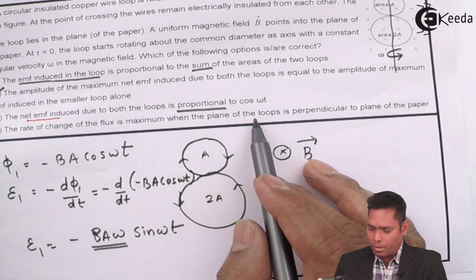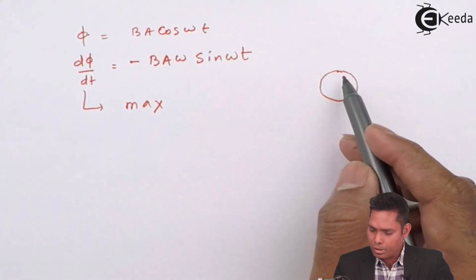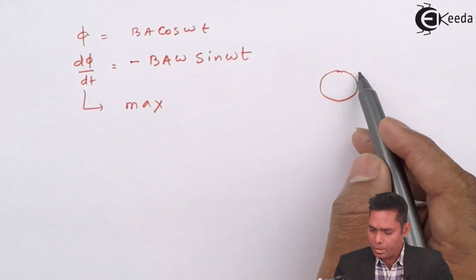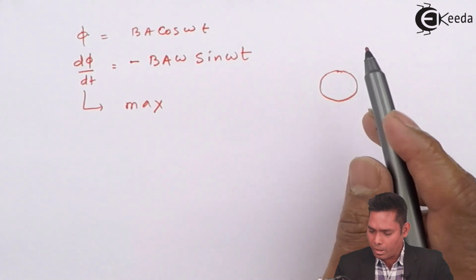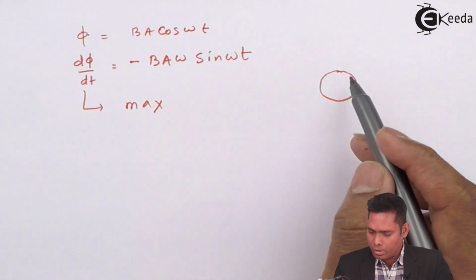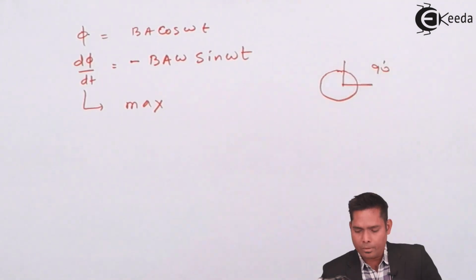It is maximum when the plane of the loop is perpendicular to the plane of paper. This is the plane of paper, and the plane of loop is perpendicular to this, so these two have an angle of 90 degrees.